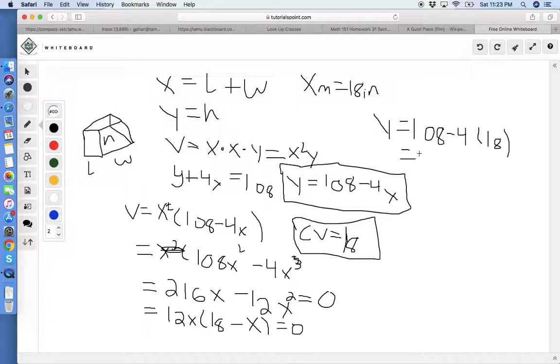Now let's do the arithmetic for this. 108 minus 4 times 18, which would be 72, sorry. And do some simple math, and that should leave us with 36 inches.